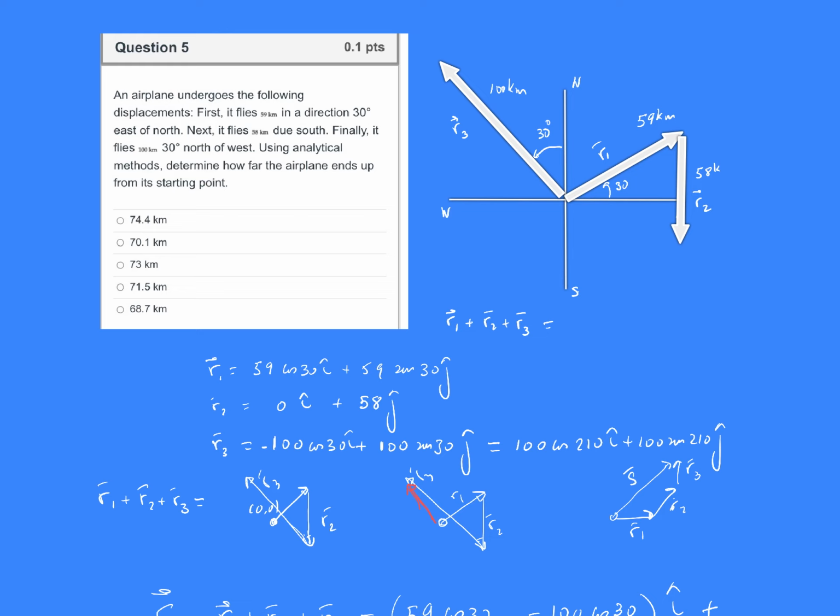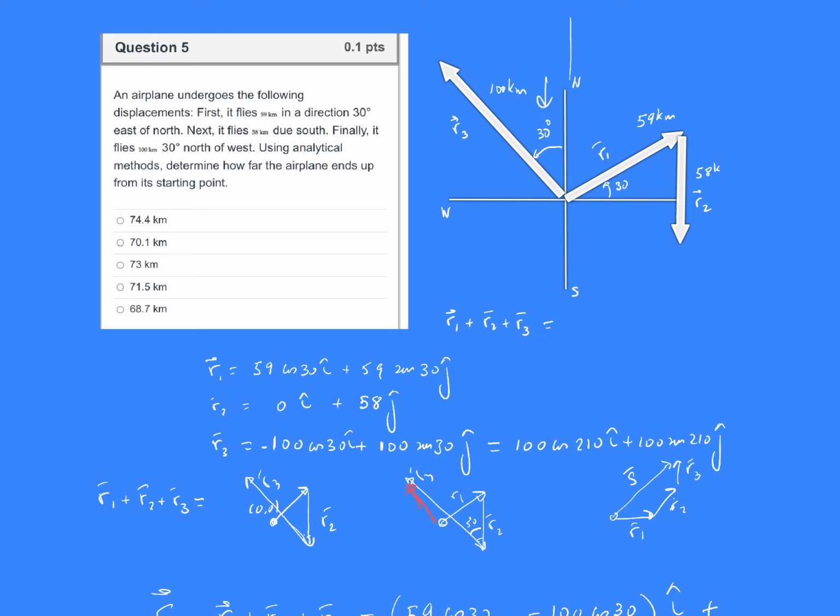So this is 30 degrees, correct? Also 30 degrees, because this is 30 degrees with this direction, so this is 30 degrees also. Okay, so how to do this problem? We have three vectors, and we have to make the sum. When we have three vectors, R1, R2, and R3, how do we do the sum?